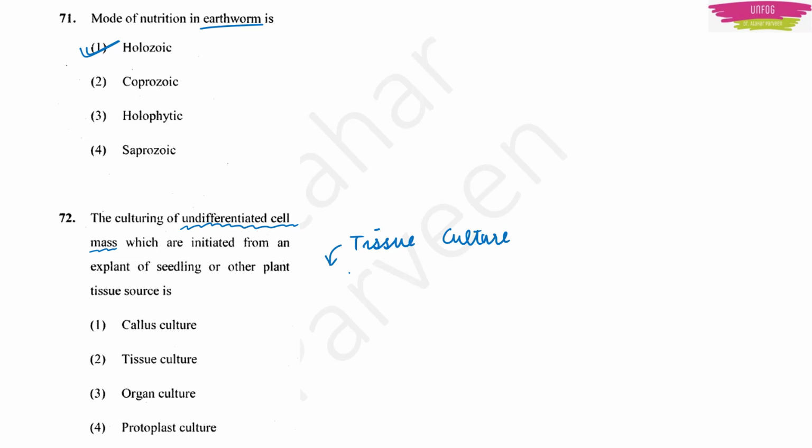That is known as tissue culturing. So tissue culture can be divided into different types, like callus culture, organ culture, and protoplast culture. Many such types of tissue culturing are present. But here in the options we have callus culture, organ culture and protoplast culture.